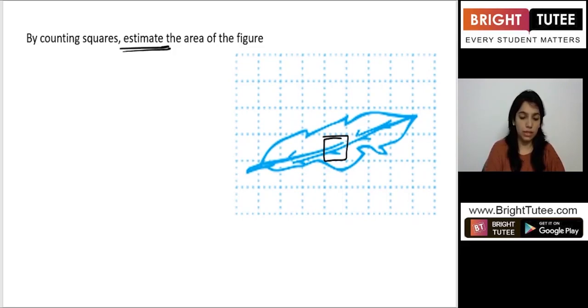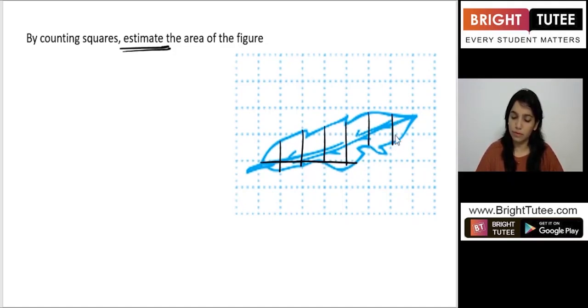I'll just mark all the squares that we have, so that it's more clear to see how many squares we have got in this particular leaf structure. We are calculating the area of this leaf, right? Now clearly you can see that we have approximately 2 squares that are full.